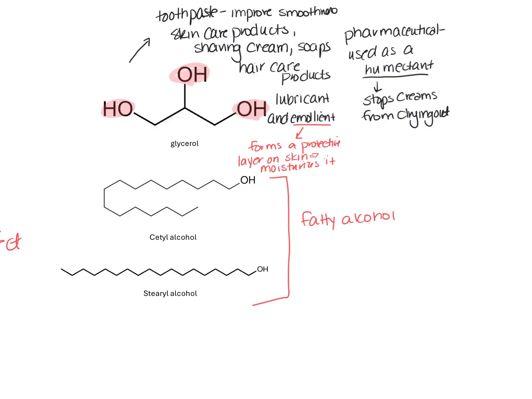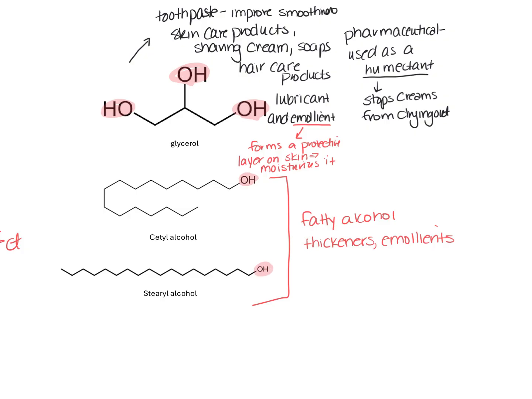So they function as things like thickeners or emulsifiers or emollients rather than drying agents, right? So these are thickeners and emollients. So they are not drying because they have that long carbon hydrogen tail. So they're more like fats. But they still have that alcohol functional group, which we see right here and right here.